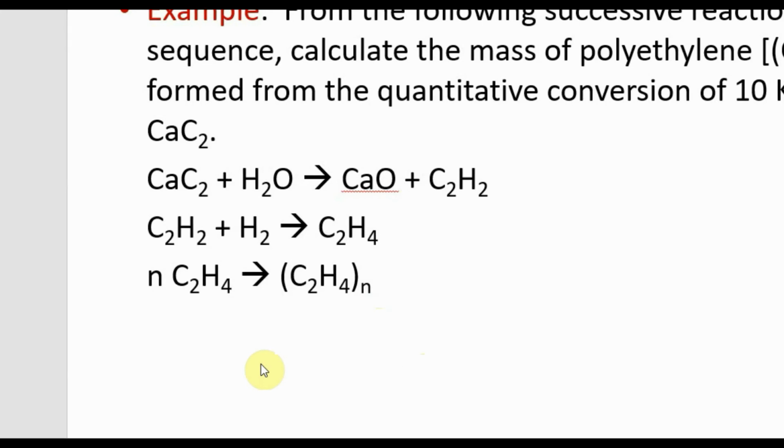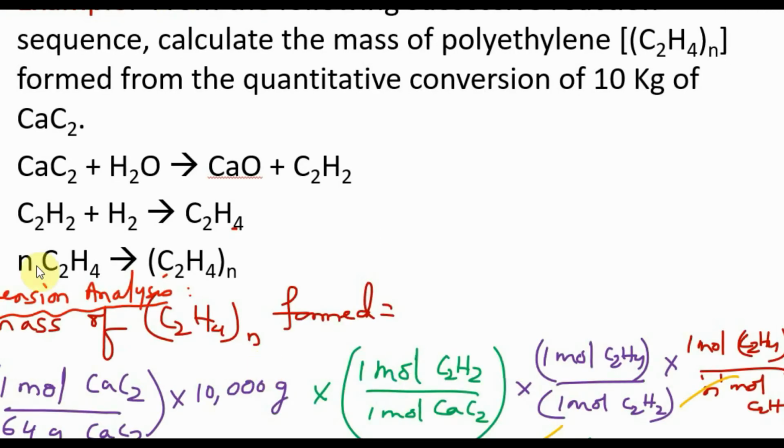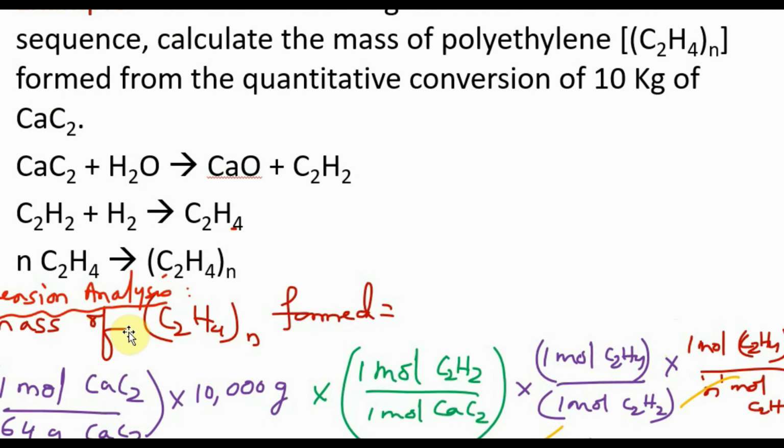Let's see. So what is dimension analysis? You write only the dimensions in a single line. Don't follow the unitary method procedures and consume a lot of space to do the same thing. So what is here? I have done it here. So the mass of the final product, that is polythene, is equal to, this is the number of moles of the starting material, that is calcium carbide.